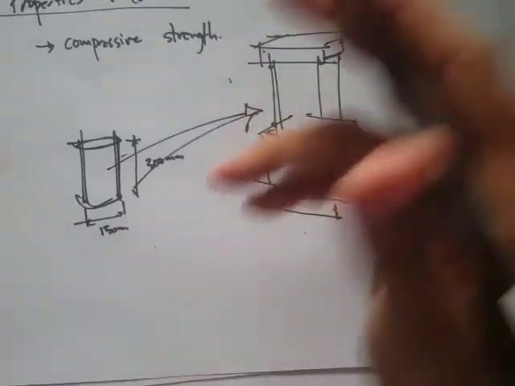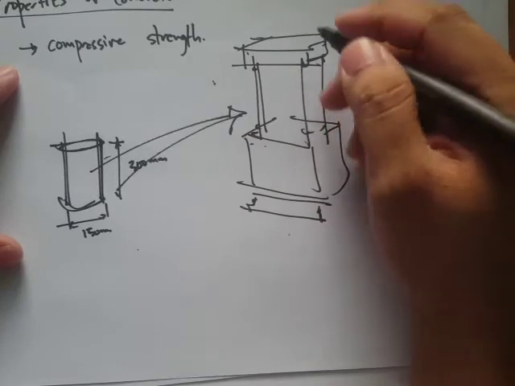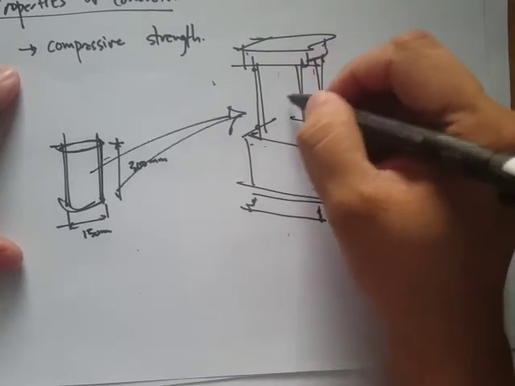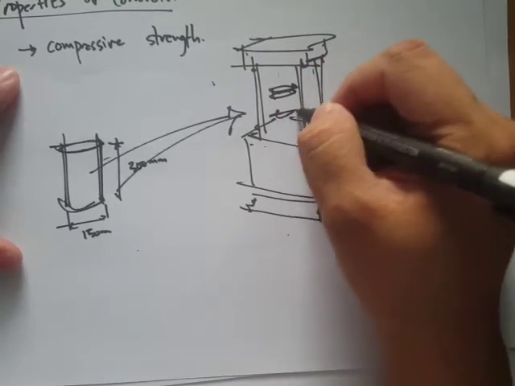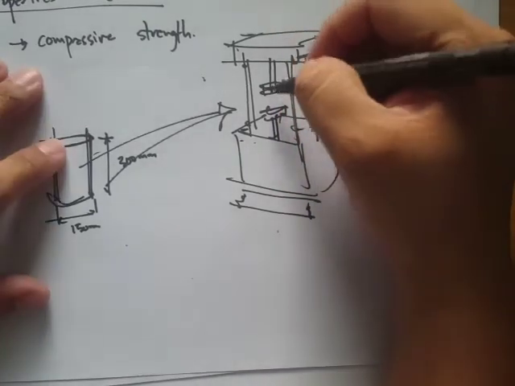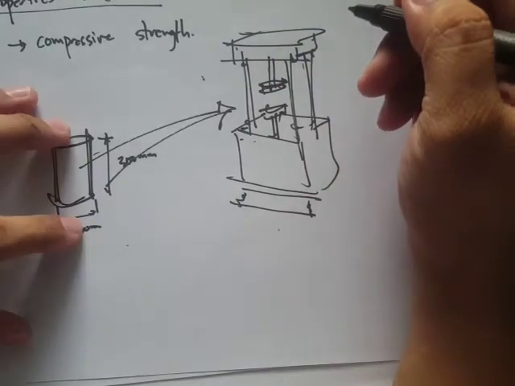Let's say this is the universal testing machine. It can test compressive strength, tensile strength, or whatever. There is a portion here that presses down on this test specimen.